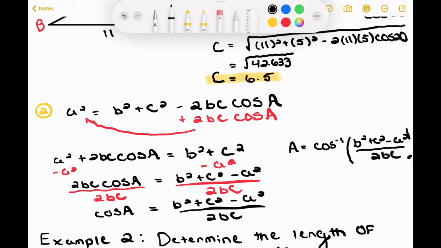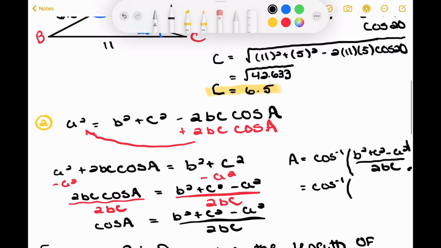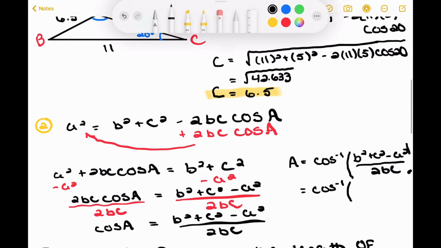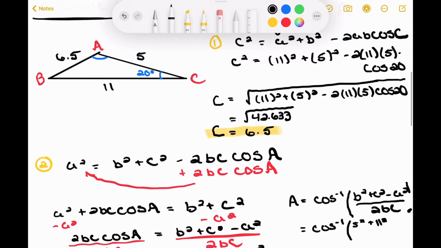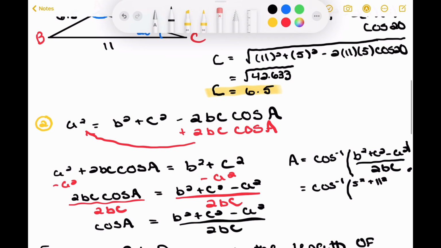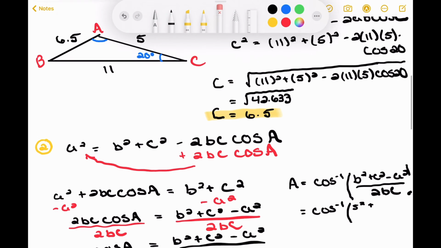So what we can do is just sub in each of the values we know, now that we isolated that angle A. So now we have cos inverse of b squared. If we go to our triangle, 5 goes in for that. So we have 5 squared, which was b.